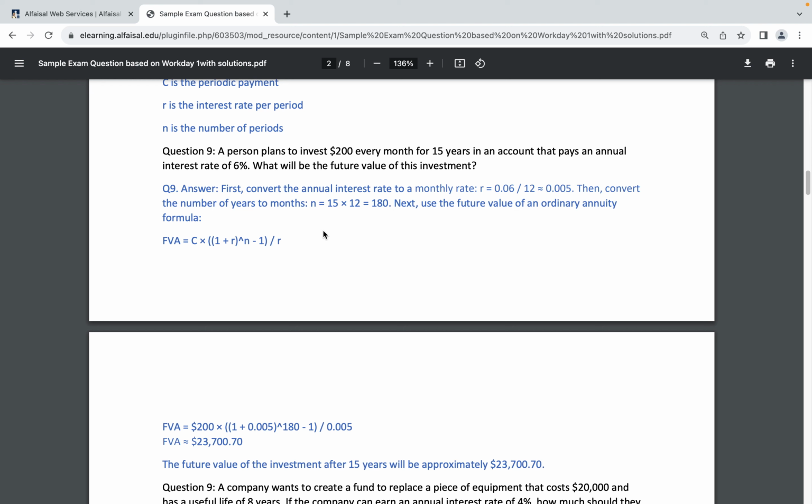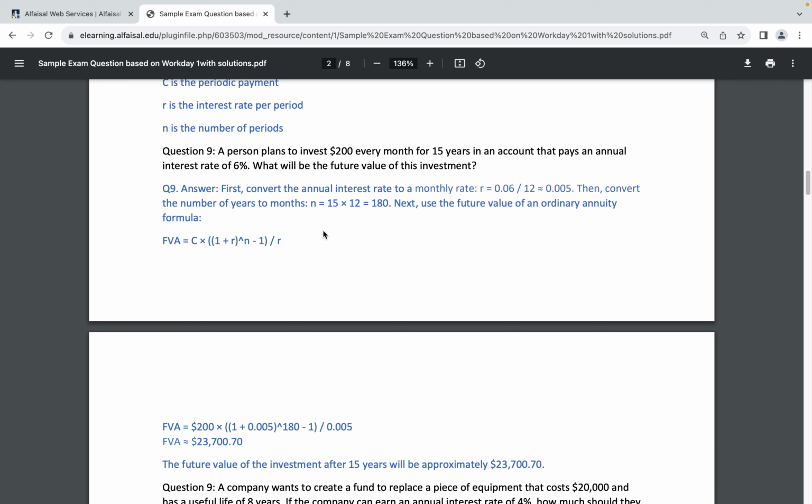So the first step we need to take is to look at the fact that the payments happen every month. This is not an annual payment, but I'm given the time period as 15 years, and I'm given the interest rate as 6% annually, but the payments happen every month. I can't just multiply 200 by 12 and then do the calculation, because it will give me a different answer to that which is correct.